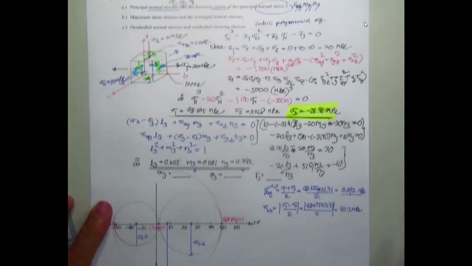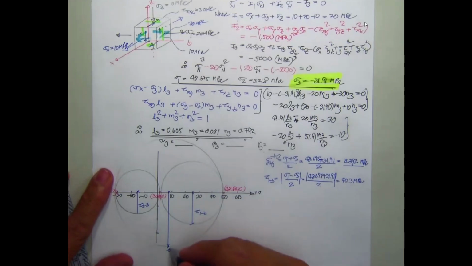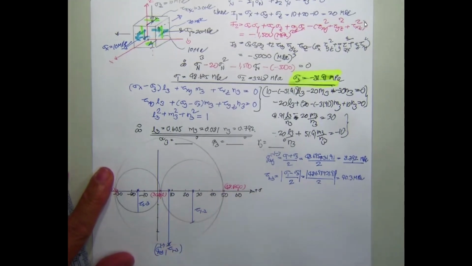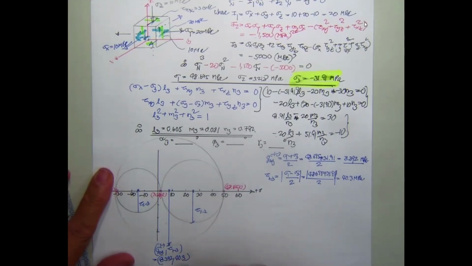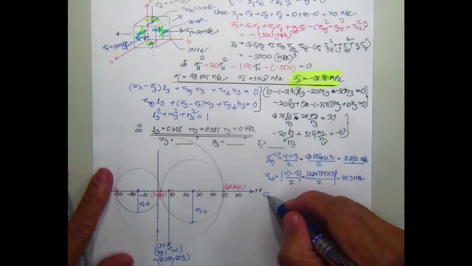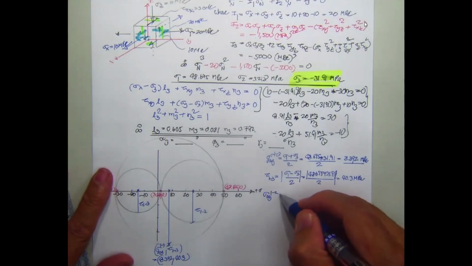Following what I show you over here, this is going to be sigma average 1, 3 and tau 1, 3. You should get 8.392 and 40.3.